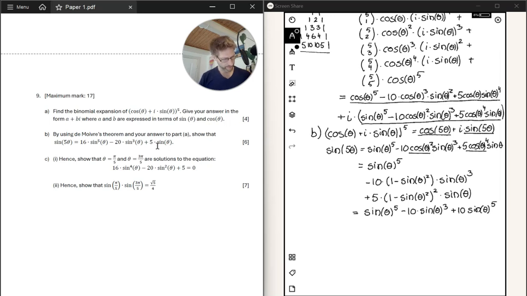And the last one we get is plus 5 times, and this is really nasty. So the squaring here is actually 2 terms subtracted squared.